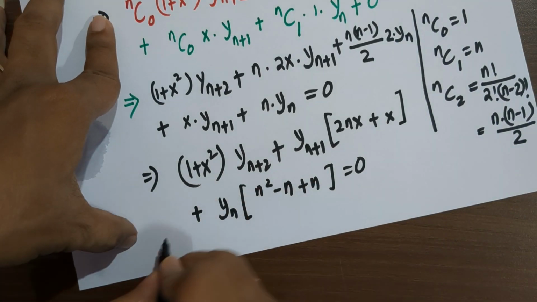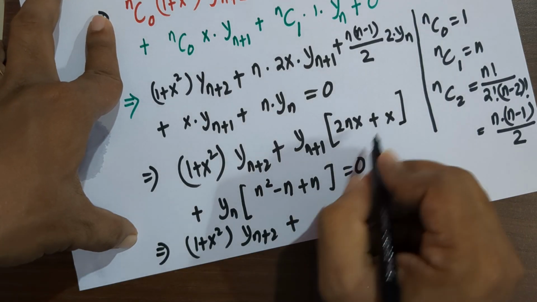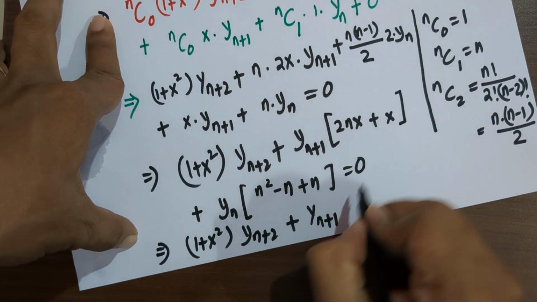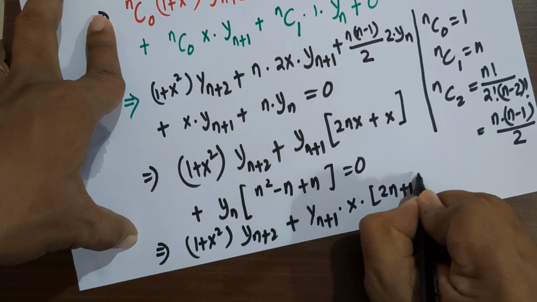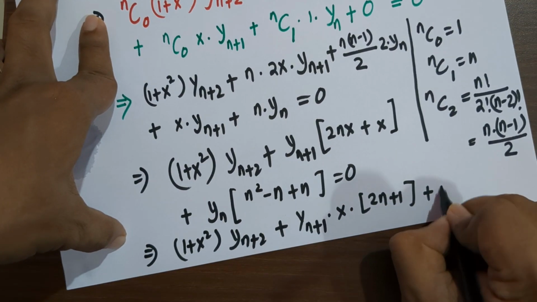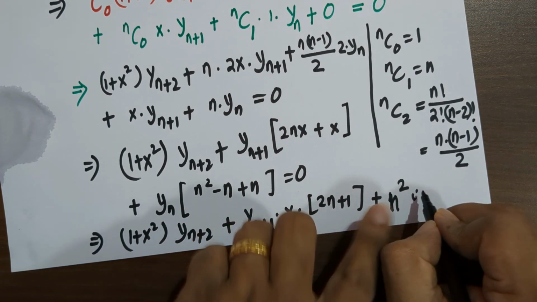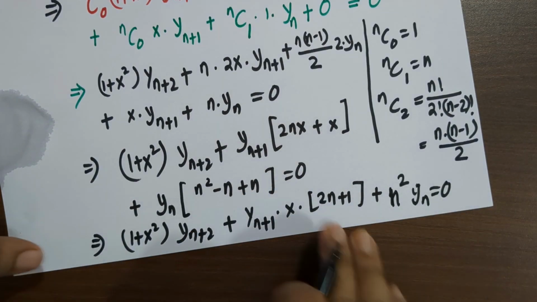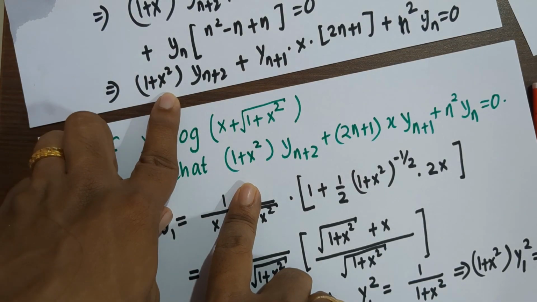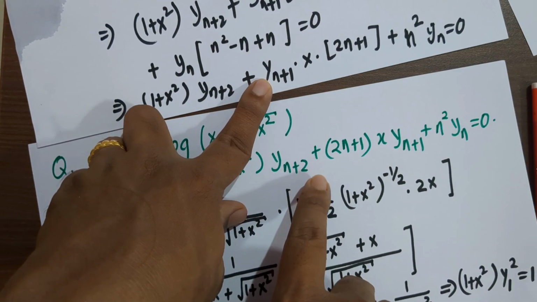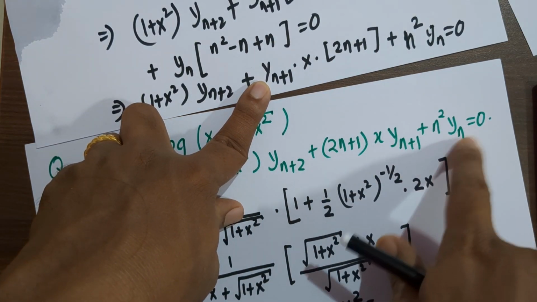So this becomes (1 plus x squared) y_(n+2), plus here we can take x common, so we have (2n plus 1) x y_(n+1), and n squared minus n plus n cancels and equals 0. So let's check. We have this statement: (1 plus x squared) y_(n+2) plus (2n plus 1) x y_(n+1) plus n squared y_n equals 0.